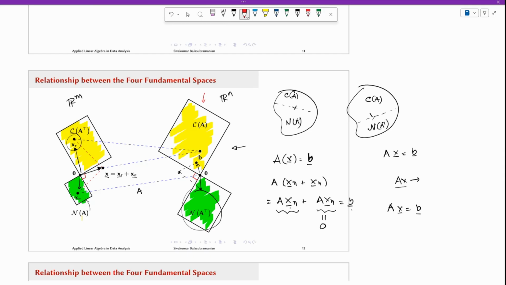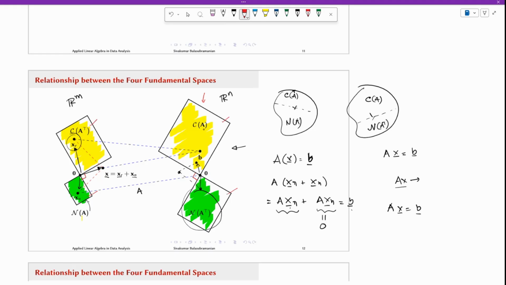What will this get mapped to? Well, it's the same thing. If your original matrix is A transpose, then this is the row space and this is the null space, and then this is the column space and this is the left null space.